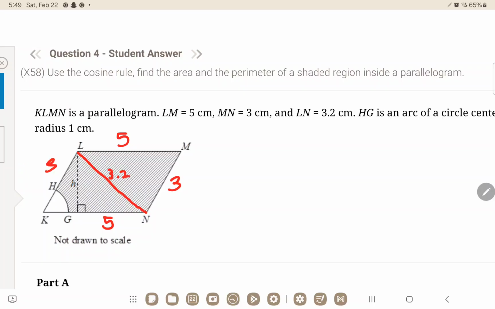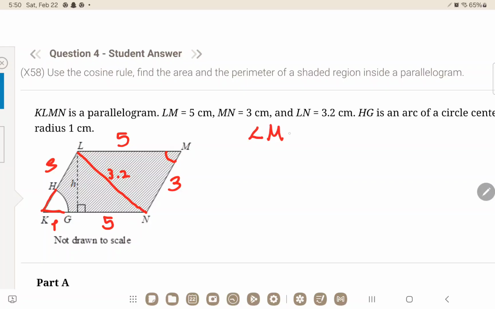Now for the first part, they want this angle. Anyways, they want this angle. What do we do? We know that this is a parallelogram, so opposite angles in a parallelogram are equal. So we need to find angle M. Angle M, we can find by the cosine rule.